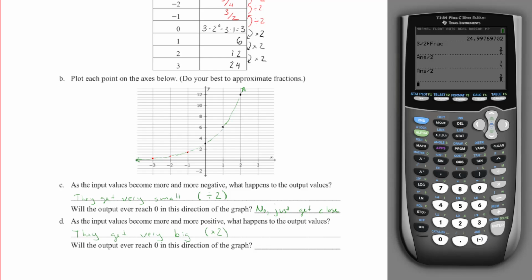And so, of course, as it's getting bigger and bigger, it's never going to get to 0. So our output for a function like this, at least for this function, is never going to be 0. Let's take a look at another example and make some observations that are a little bit more formal.